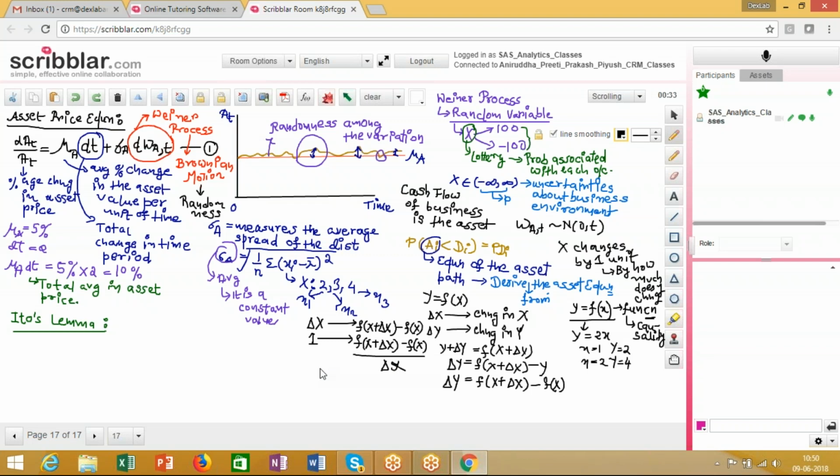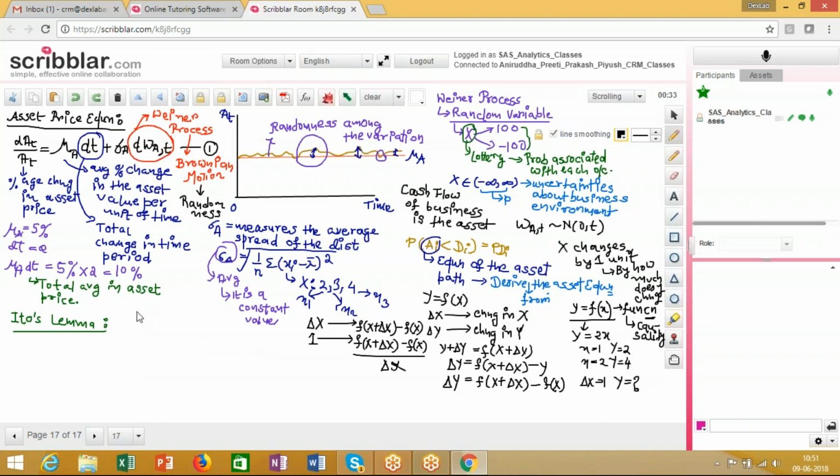So basically in this equation, say x changes by 1 unit from x equal to 2. Now the question is, corresponding to this change in x of 1 unit, what would be the corresponding change in y? So change in y will be the final value of y minus the initial value of y.